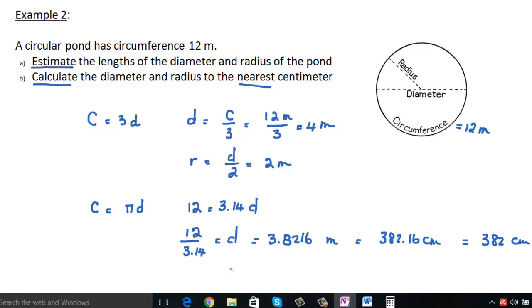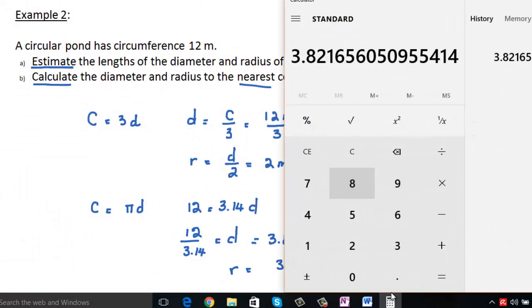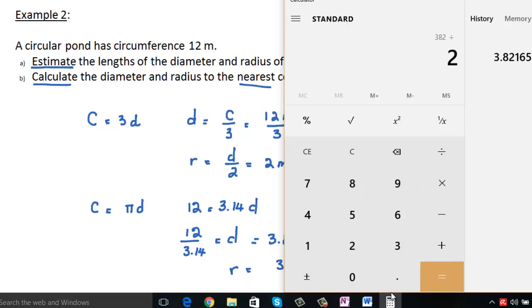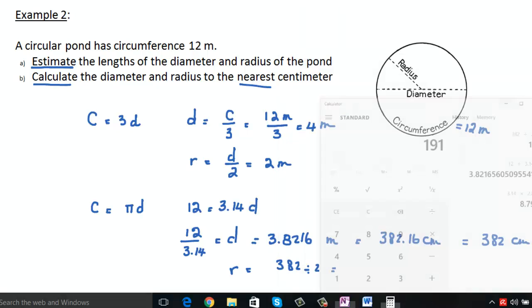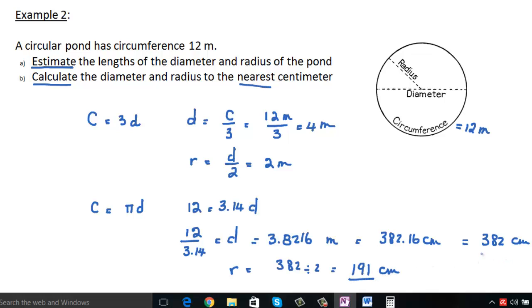If I need r now, I can take this calculation and divide it by 2, so 382 divided by 2 equals 191 centimeters. This is to the nearest centimeter, so I have the final answer this way.